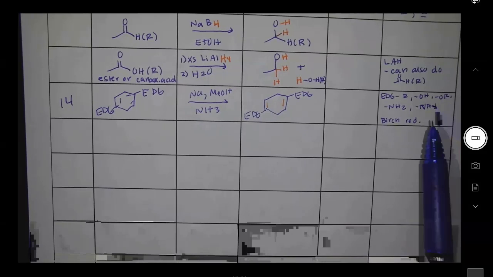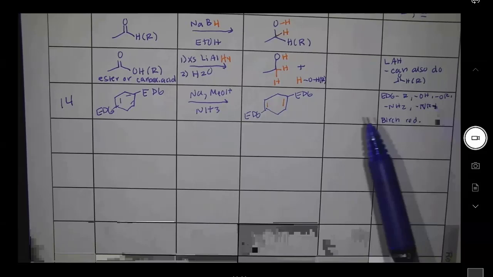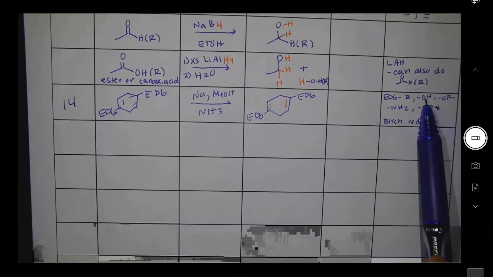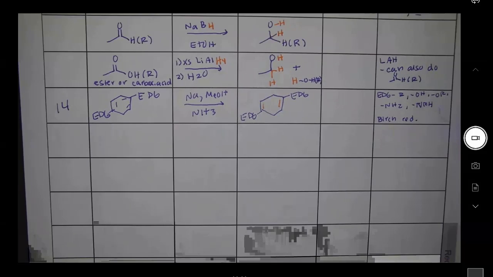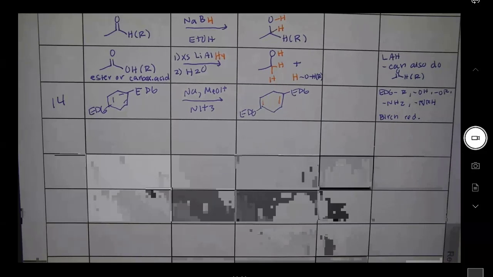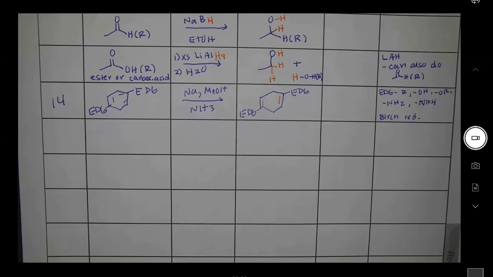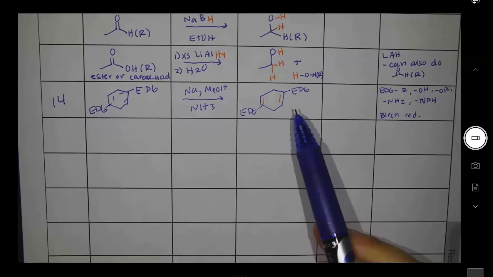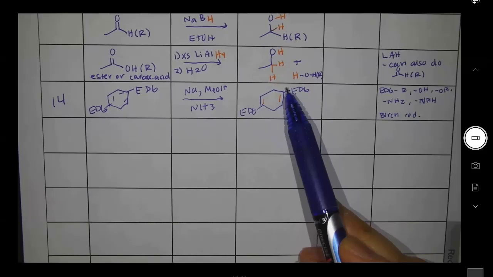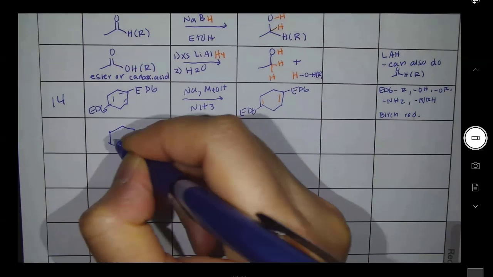So these are groups that have inductive abilities to donate electrons into the ring, or they have electron lone pairs that they can donate into the ring. So that is the Birch reduction with electron donating groups. We should also add the Birch reduction with electron withdrawing groups. But the other thing to notice here is that the double bonds are on the carbon with the electron donating group. And that's going to be the opposite for the electron withdrawing groups.